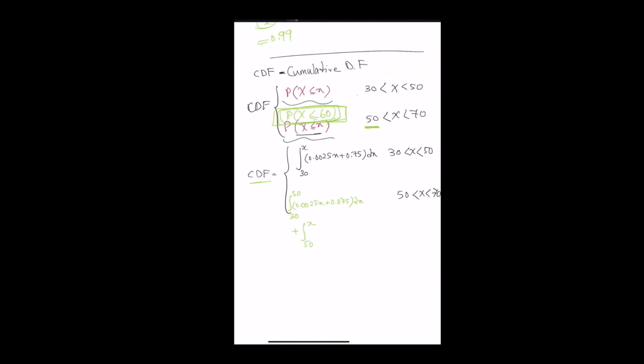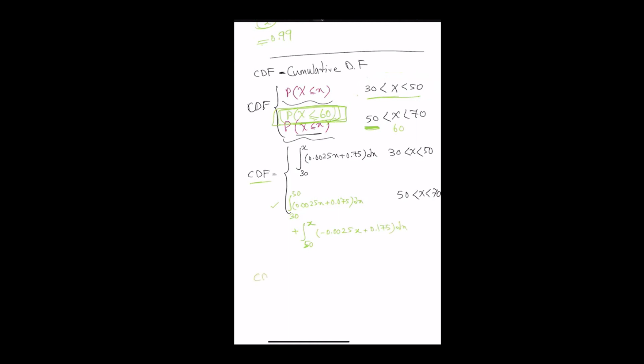From 30 to 50, which we have in the first one, and then from 50 to this value, with the second function, which is minus 0.0025x plus 0.15 dx.